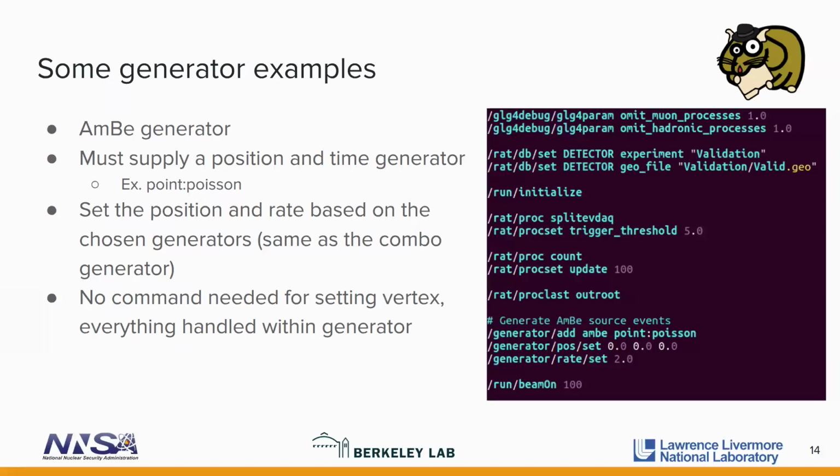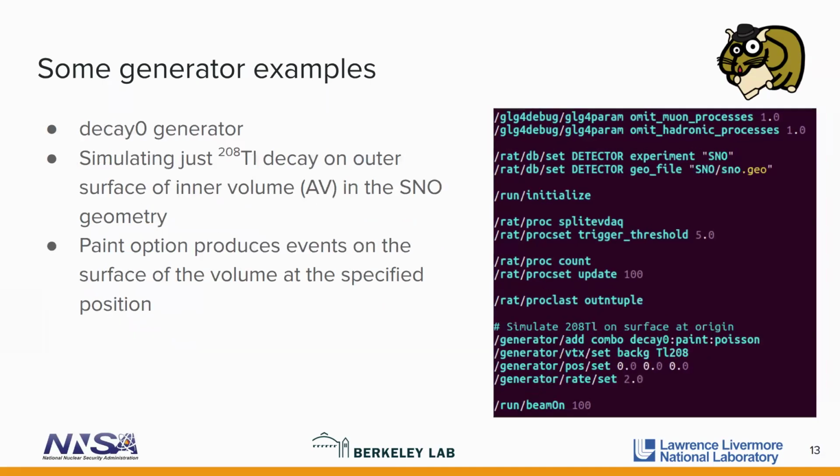I actually do go look at the ambi code specifically a little bit later, where it does generate everything isotropically within the generator. What about for the decays, decay zero, decay chains? Decay zero and decay chain, those also produce isotropically.